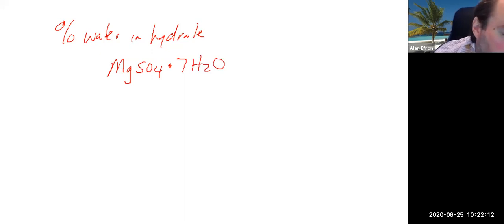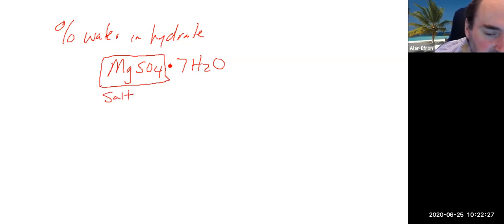So hydrates actually have a kind of unusual formula. They have this little dot between the 2 parts of it. And really, there's two parts of a hydrate. There's the front part that comes before the dot, and this is really the salt part. And a salt is really just an ionic compound, that's again a positive and negative guy.